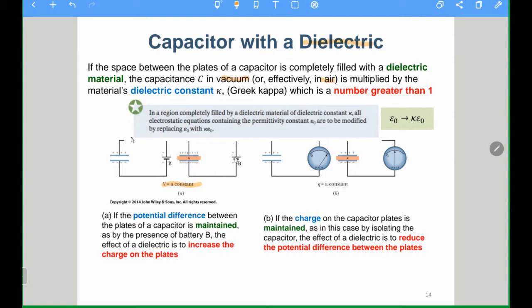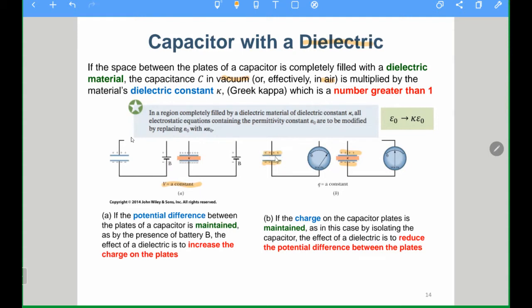On the other hand, suppose we have a constant Q, which means we charge the capacitor with a certain amount of charge. Let's say here we have 4 plus signs, 4 minus signs, and then we disconnect it. So there is no current going in or out, which means the charge amount cannot increase or decrease.